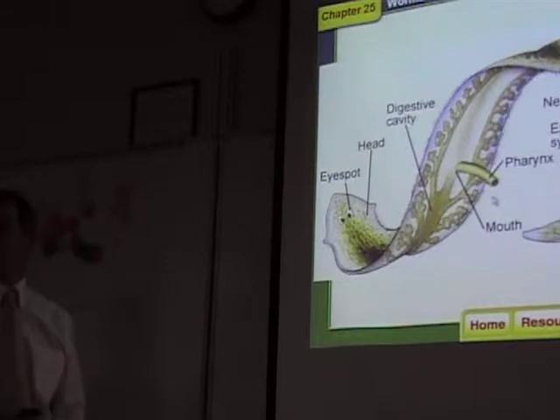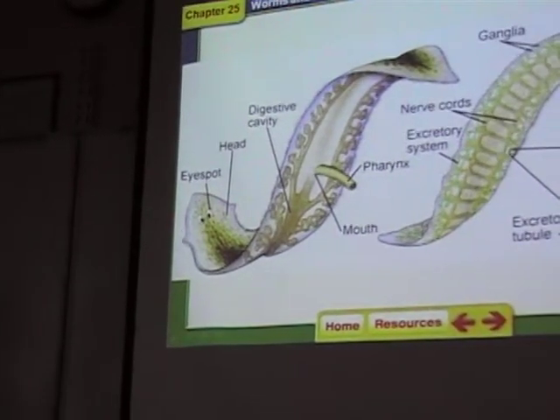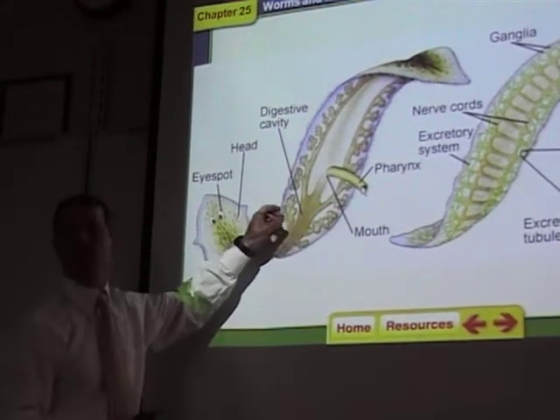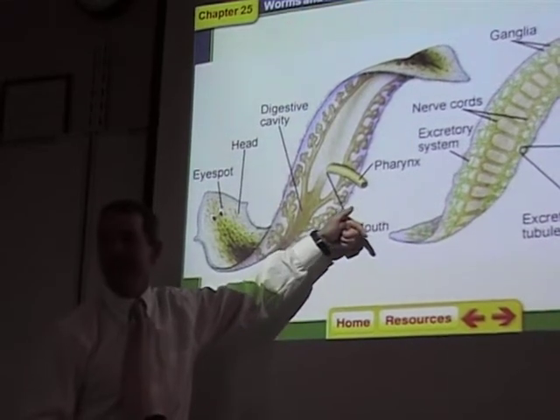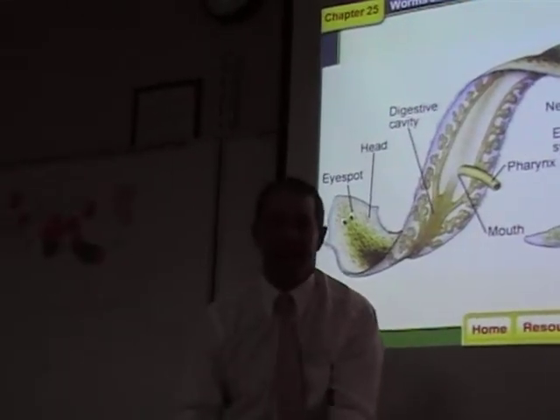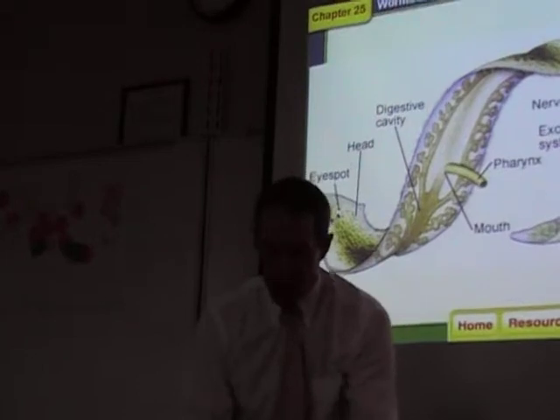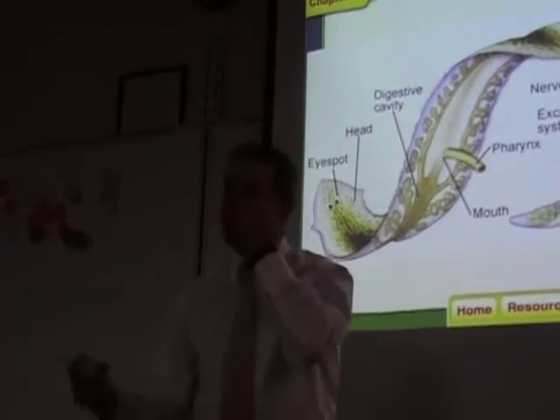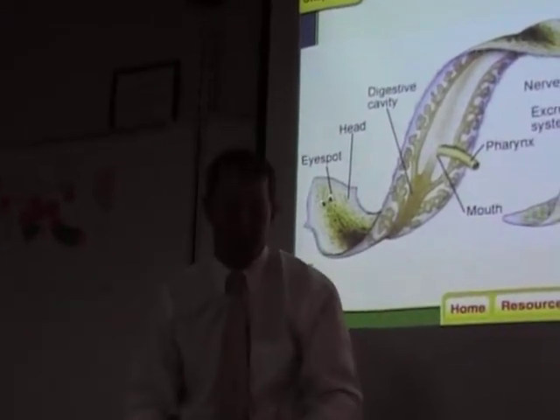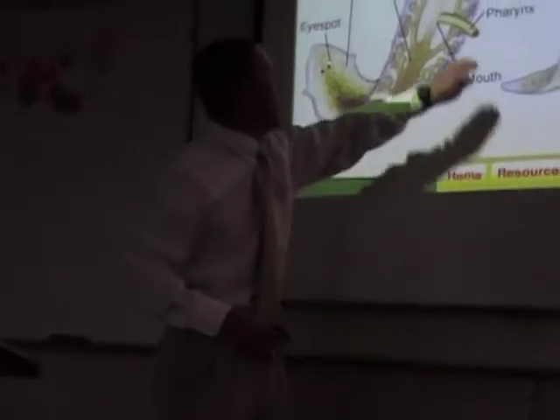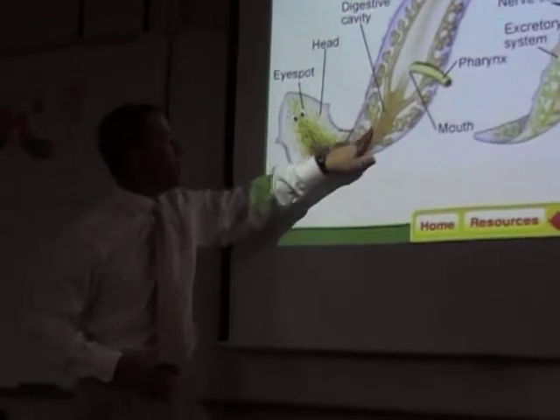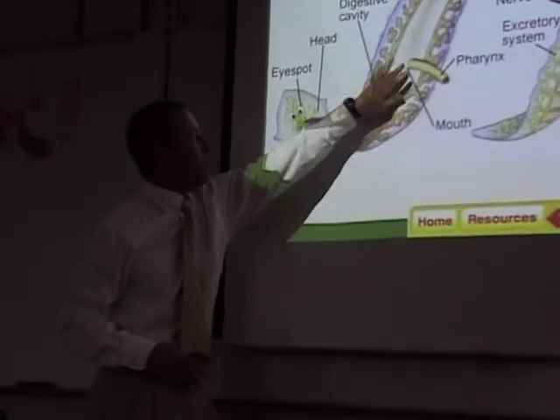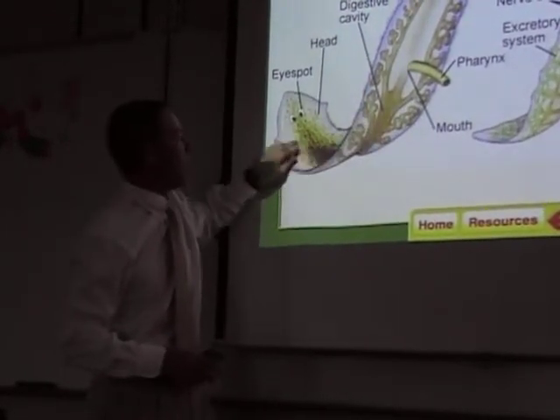Now, you see this big tube they have right here? It's called a pharynx. And that tube can go up into its body, or it can stick the tube out of its body. And the tube is like a little vacuum cleaner. It suctions up stuff from the environment, usually mud, kind of at the bottom of the ocean. It sucks up the mud into its body, and then the mud goes everywhere where you see it's tan here. The mud goes all into this tan area.